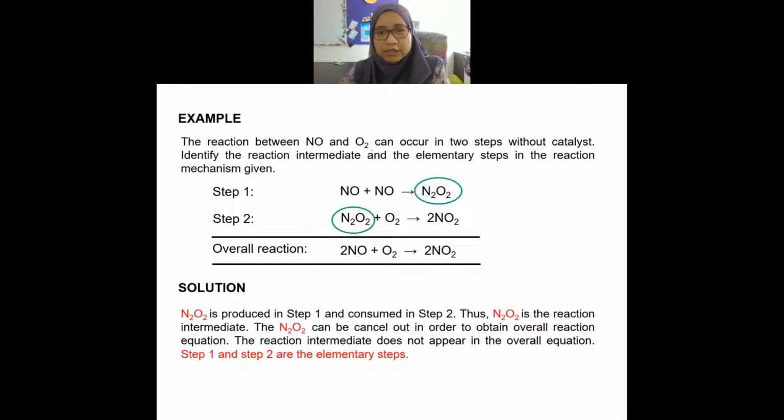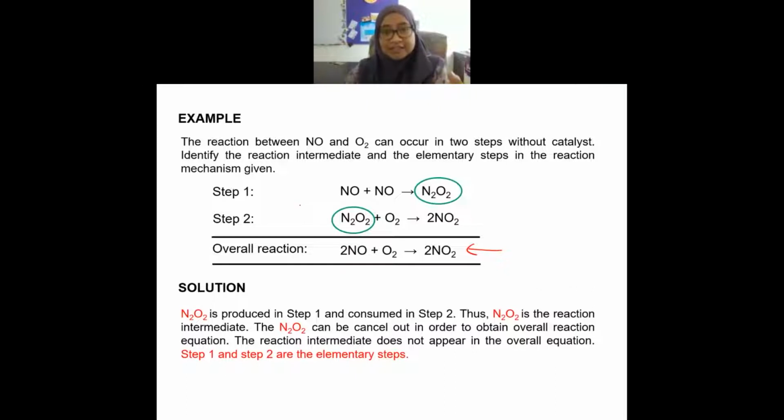Let's look at this example. The reaction between NO and O2 can occur in 2 steps. This is the overall reaction that we normally see, the general reaction for NO reacting with O2 to produce NO2.